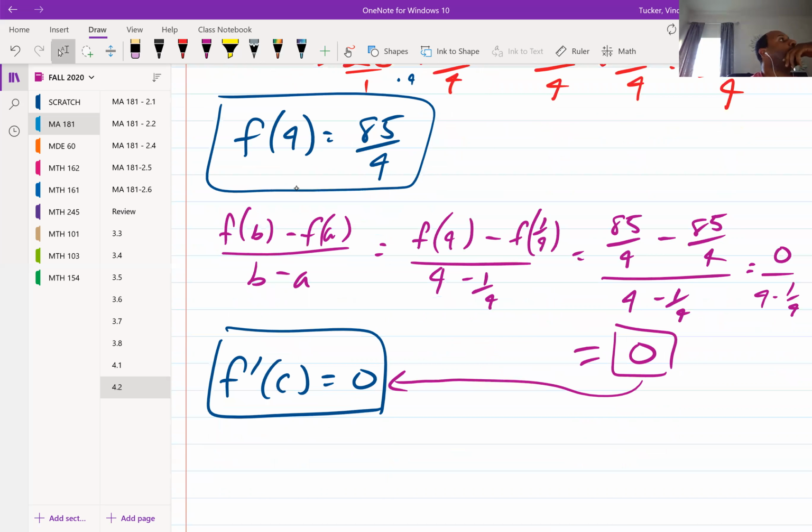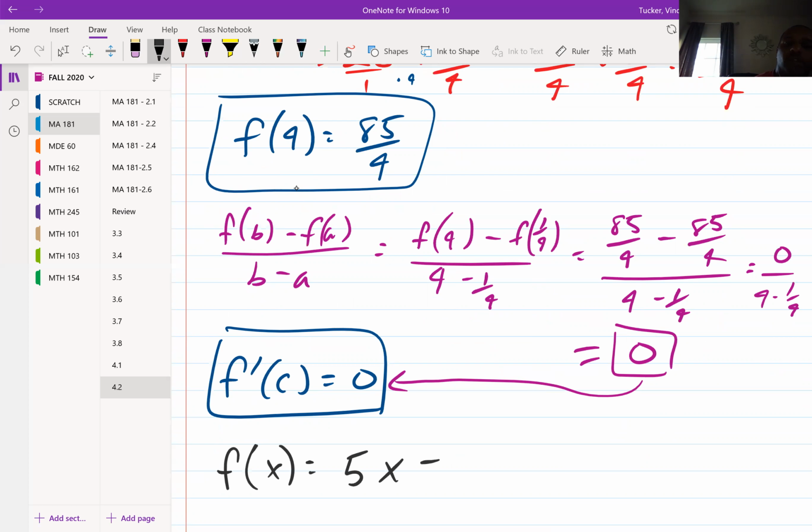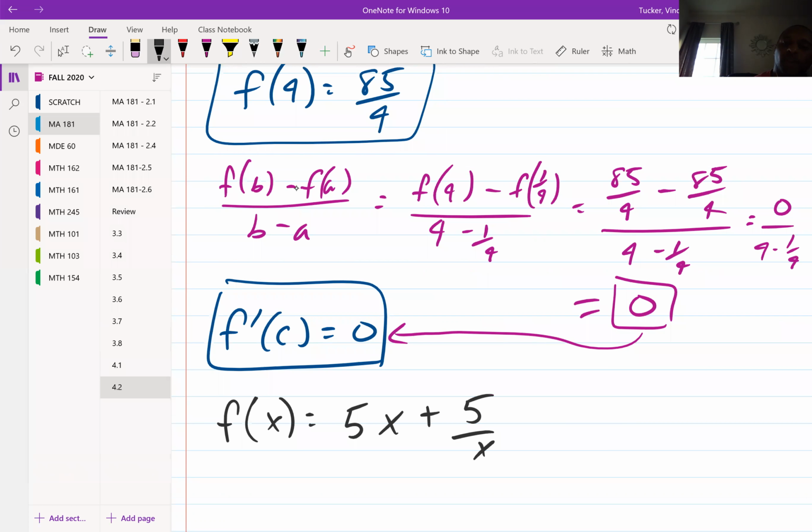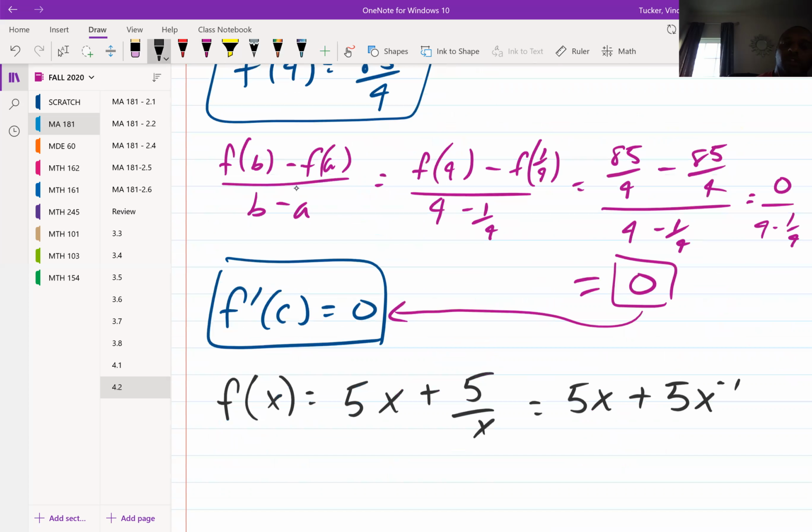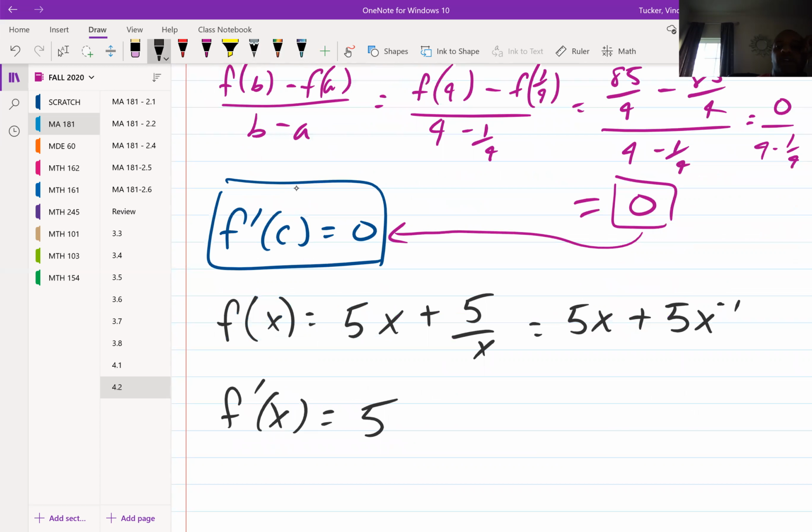All right, so we know f prime of c is equal to 0. Now we need to look at f prime, not f prime, f of x, which was 5x plus 5 over x, which can also be written as 5x plus 5x to the negative first power. And I want to find f prime. So the derivative of 5x is just 5.